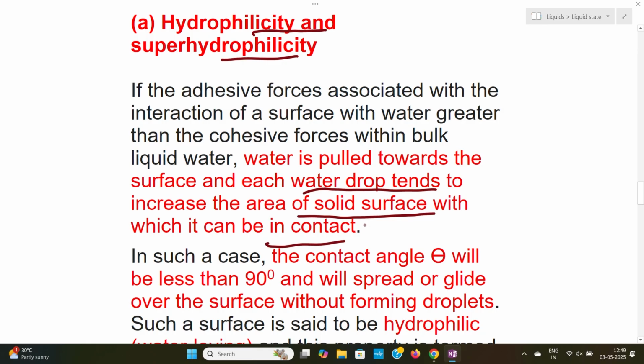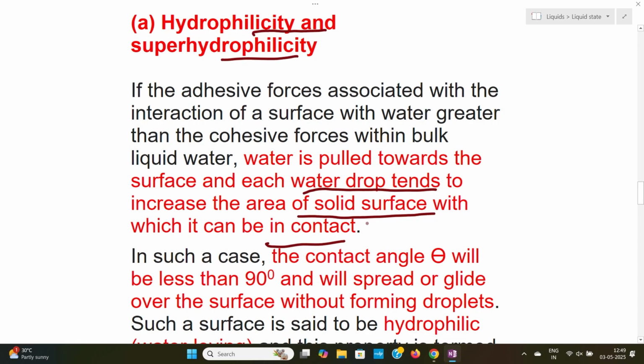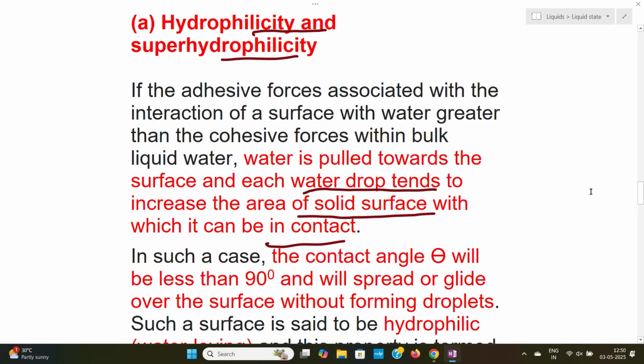So, when the adhesive forces between the water molecules and the solid surfaces are greater, the water is pulled towards the solid surface and the area of contact with the solid surface will increase, therefore the contact angle will decrease. That means the contact angle will be less than 90 degrees.